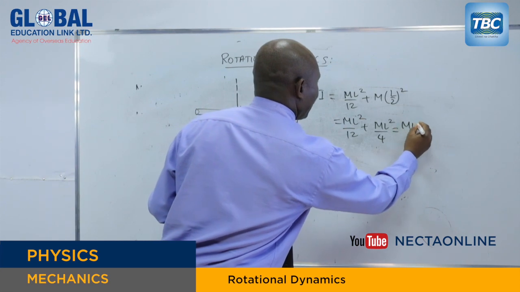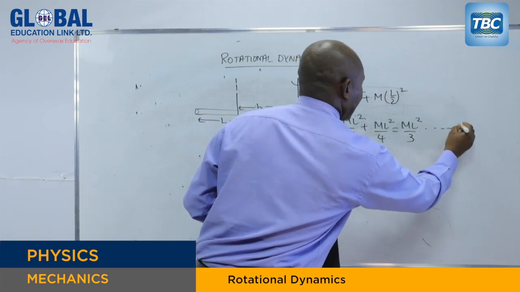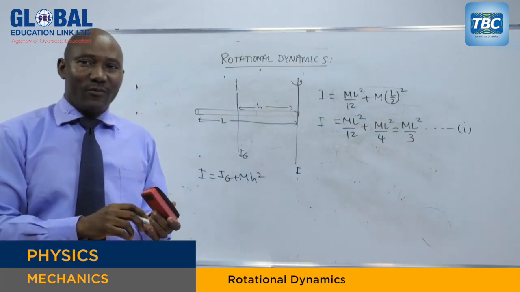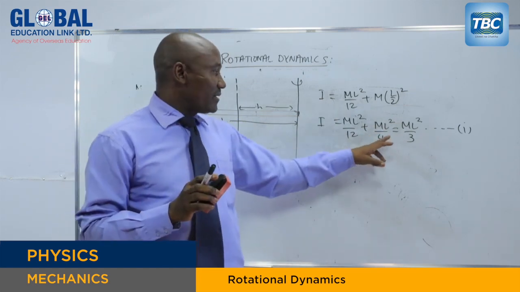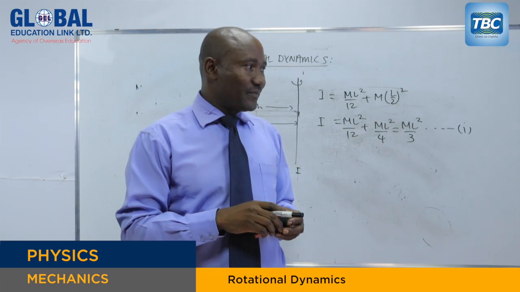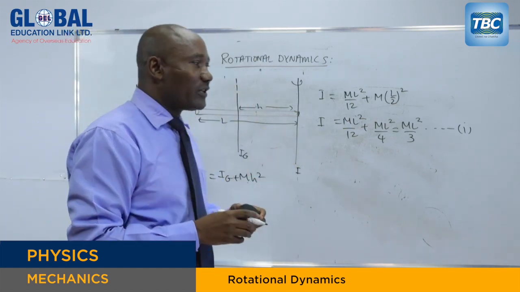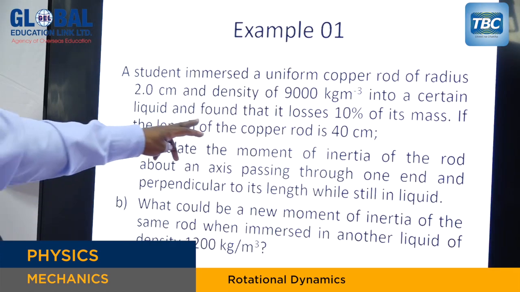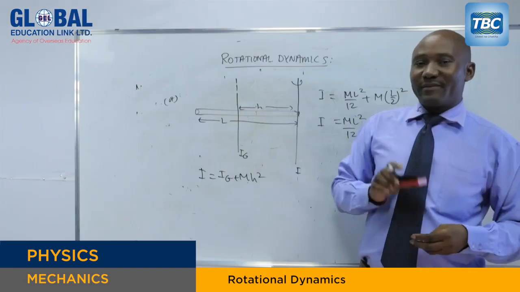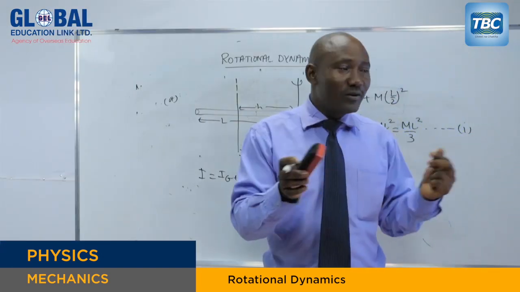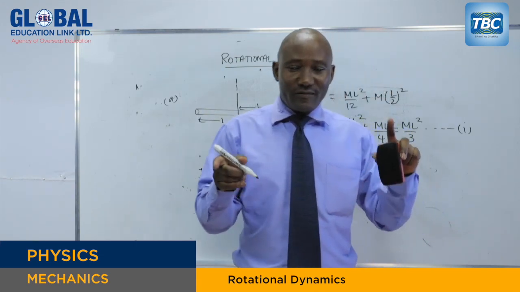When simplifying, we get mL squared over 3. That is step number one. We know the moment of inertia about that axis. The problem is, where do we get the mass? That is the question. We know that the rod, when immersed in a liquid, loses 10% of its mass. Let's find the mass of the copper rod before immersion, that is, the mass of the rod in air.